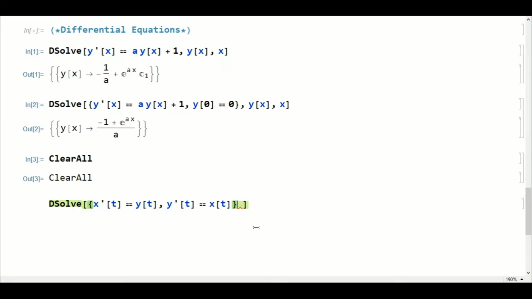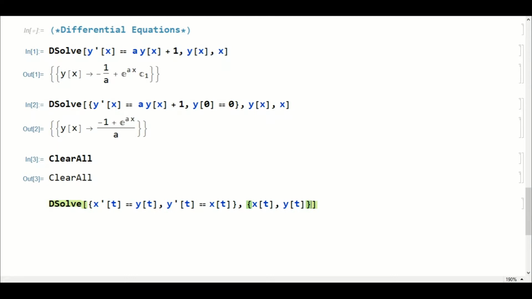Now I will keep a comma here. Now I want to write the dependent variables. y is depending on t and x is also depending on t, so x and y are my dependent variables. I will write here x of t comma y of t.